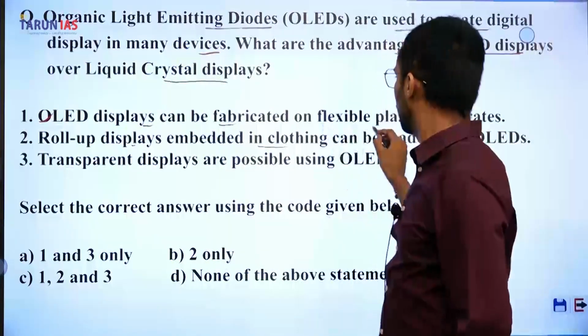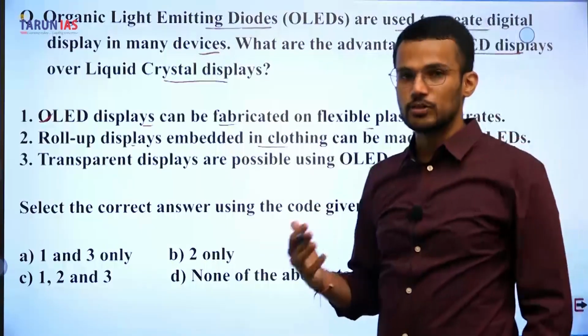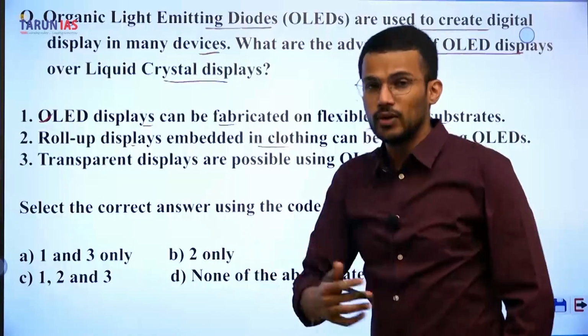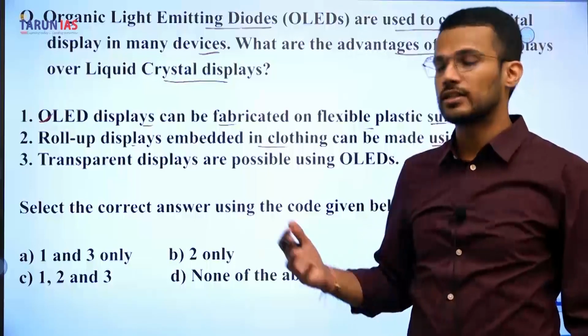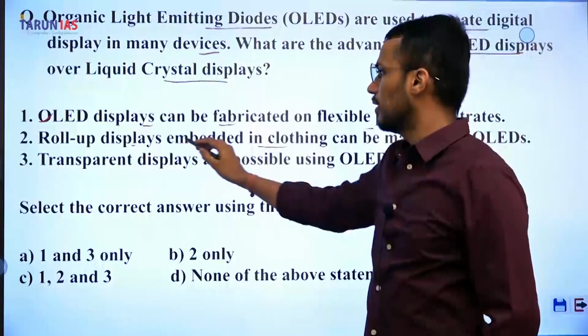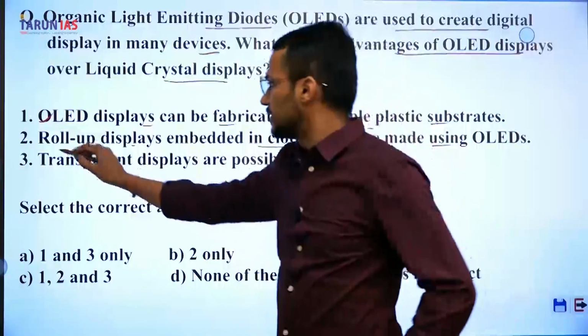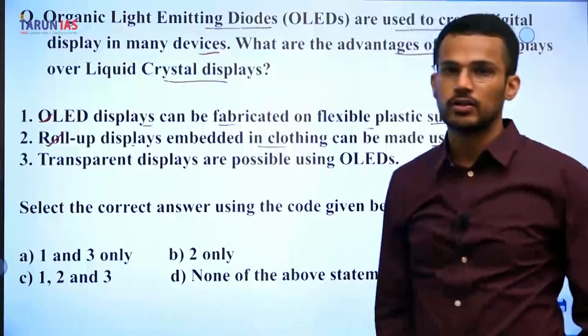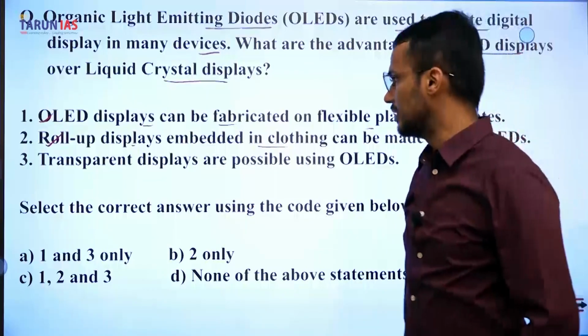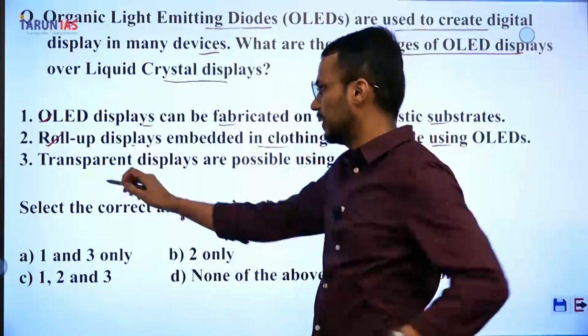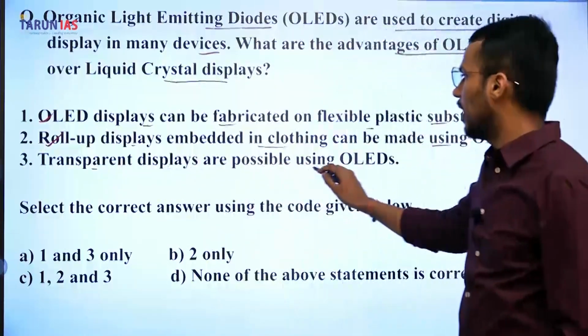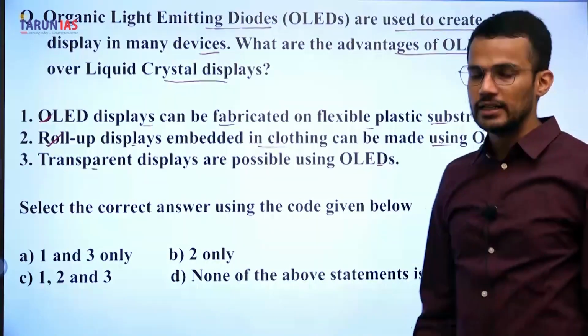As we can make flexible OLED displays with the help of plastic, we can even use OLEDs on clothing, and that's why we can make roll-up displays as well, and hence the second statement is also correct with respect to OLEDs. Next statement, transparent displays are possible using OLED.